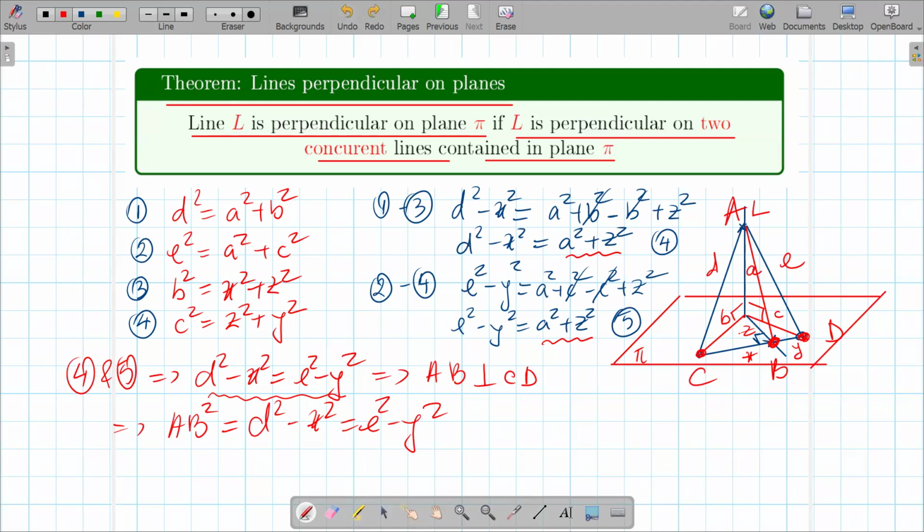We have an expression, one of the sides of the triangle is a, another side is z. So all we have to do is apply the reciprocal of the Pythagorean theorem, no?